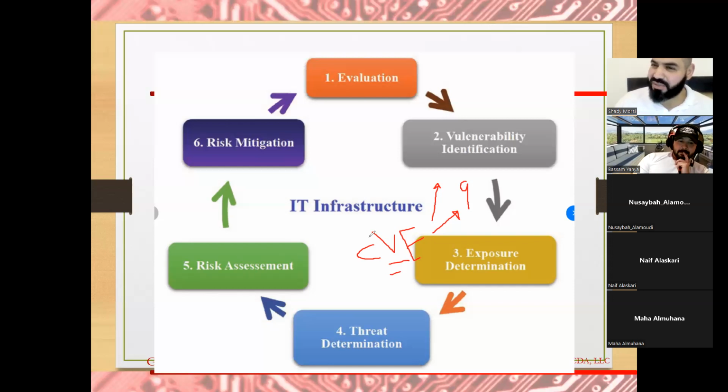The CVE score depends on so many factors. I don't want to go through CVE because it's a big topic, but CVE will ask: does this vulnerability compromise confidentiality? Does it compromise integrity? Does it compromise availability? Can someone exploit this vulnerability remotely, from outside your network, or does someone need to be locally inside your network?